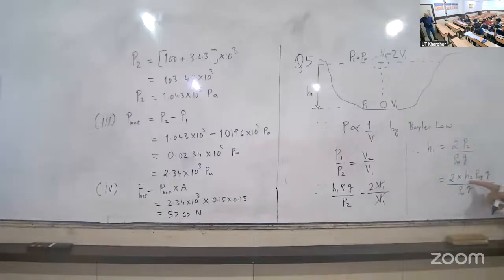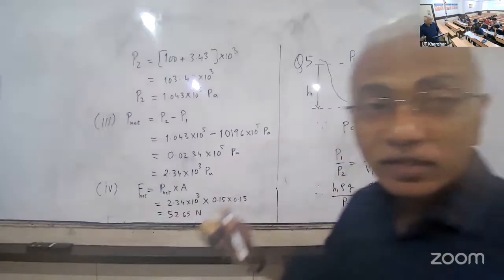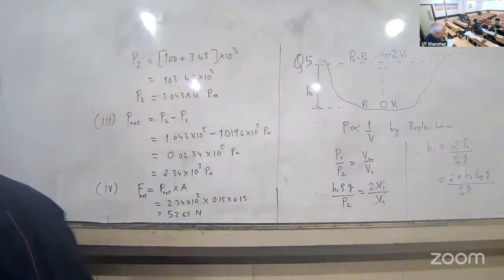The atmospheric pressure is given as 76 centimeter of Hg. Now you substitute everything. This is a really tough question; so many things they have done here.